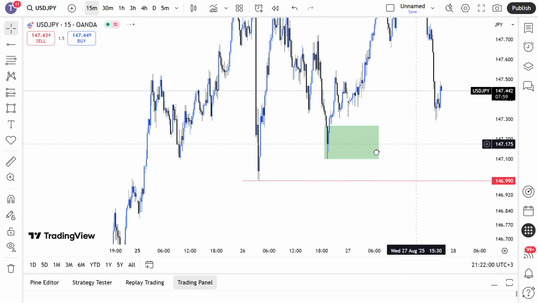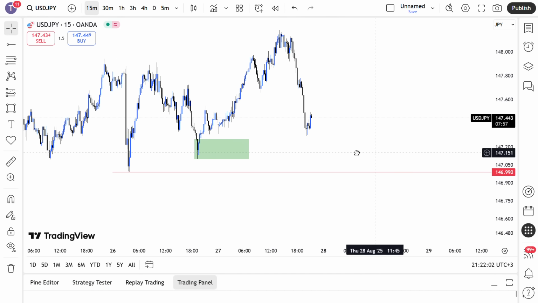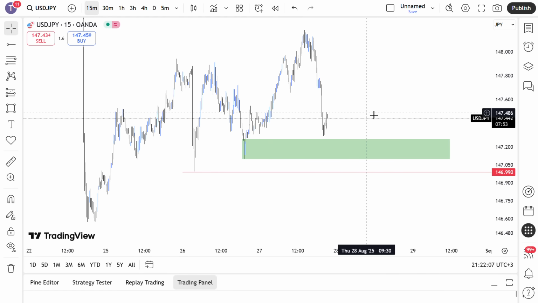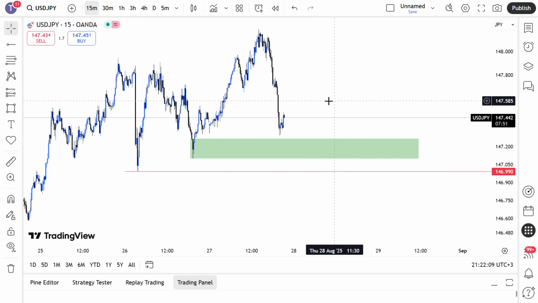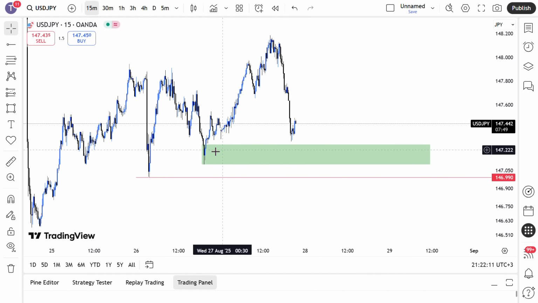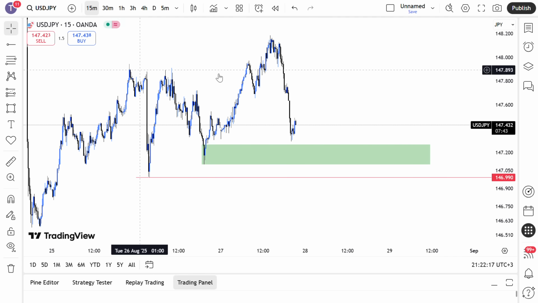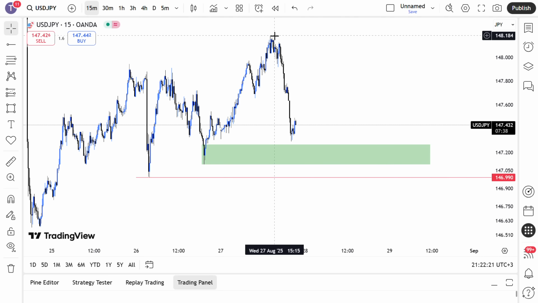But in order to take any trade from this order block, you need to have a confirmation. You cannot take any trade from this order block blindly because the order block is from an internal structure that was formed in between the strong low and the weak high.